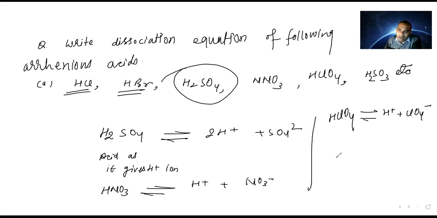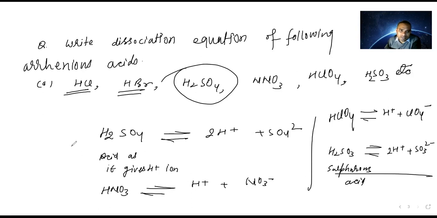And if H2SO3 is there, the same way it is going to ionize: 2H plus plus SO3 2 minus. This is what is known as sulfurous acid. And with the 4, H2SO4, this is what is known as sulfuric acid.